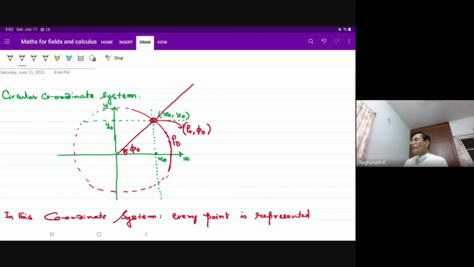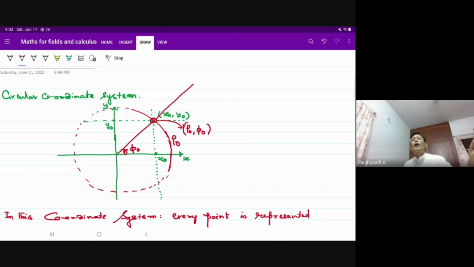Listen, if somebody gives me the circular coordinates of 2 points as ρ0, φ0 and ρ1, φ1, I will in general calculate the distance by taking the coordinates into Cartesian coordinates and define a distance.